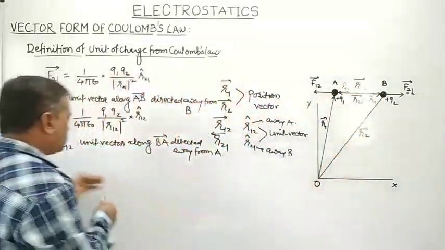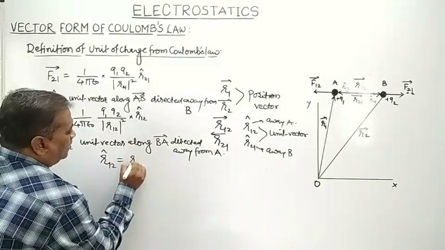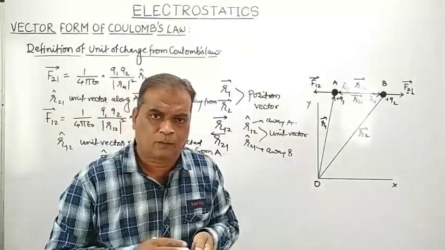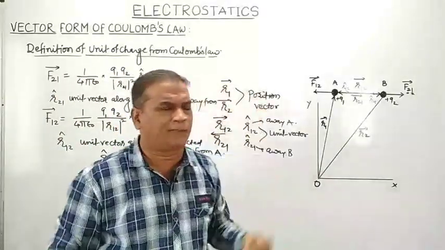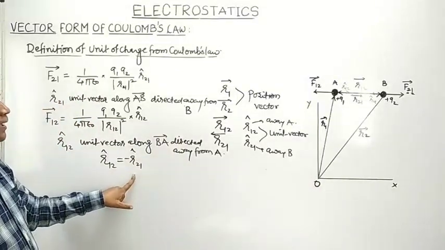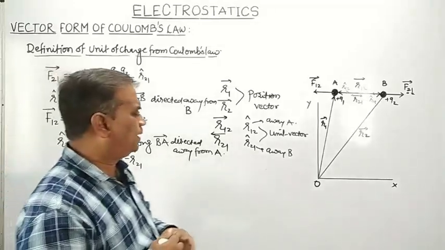The two unit vectors R12 cap and R21 cap are equal in magnitude, equal to 1, but opposite in direction. So R12 cap equals minus of R21 cap.